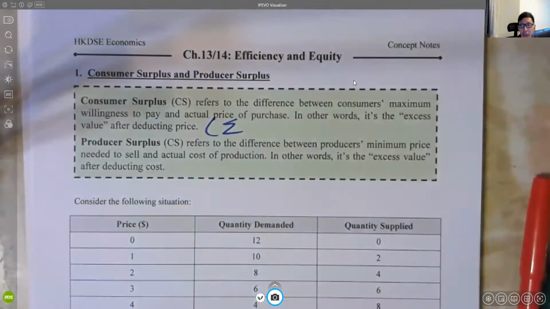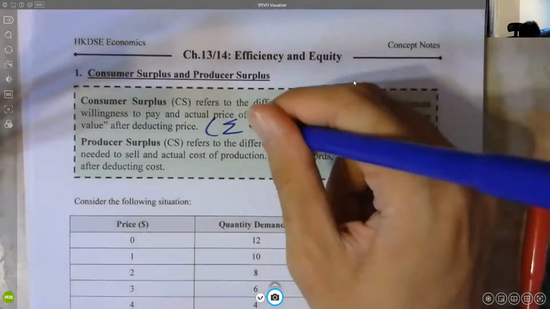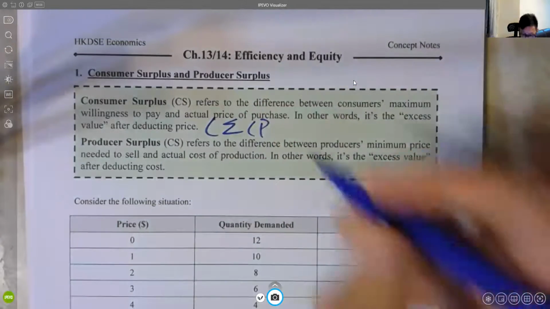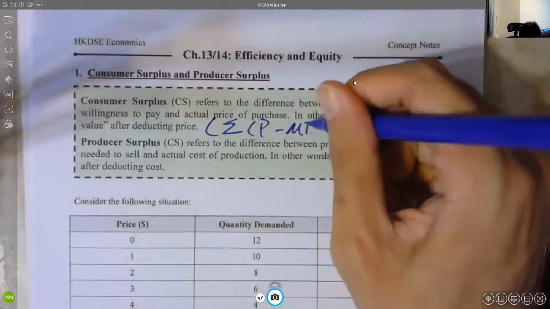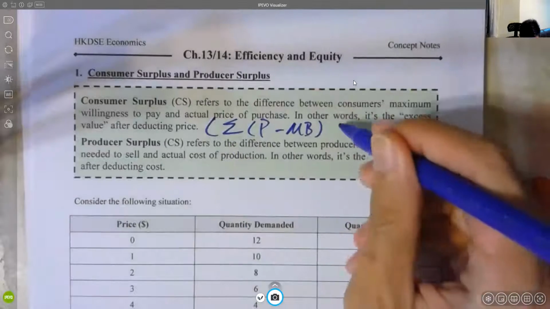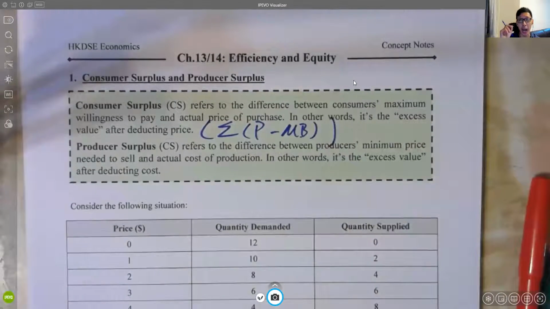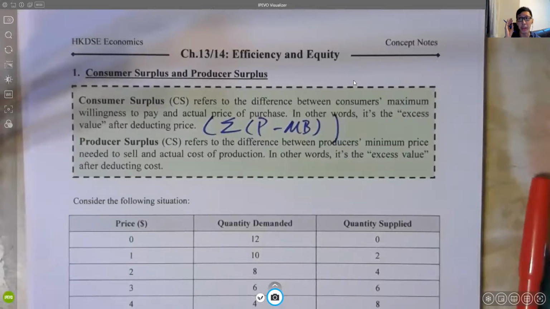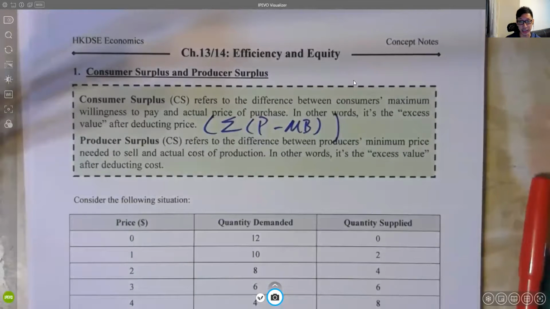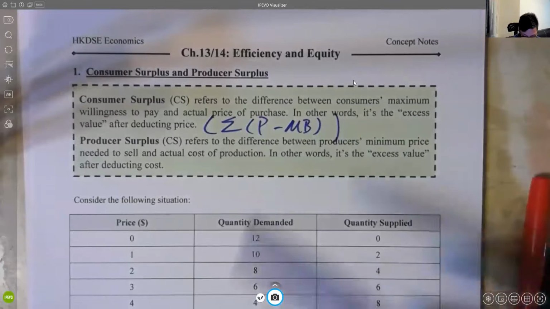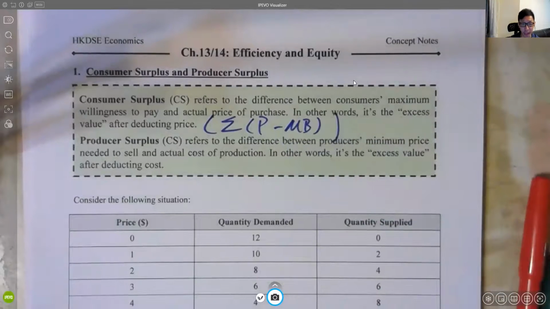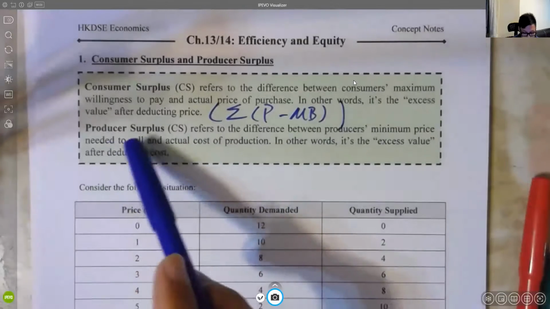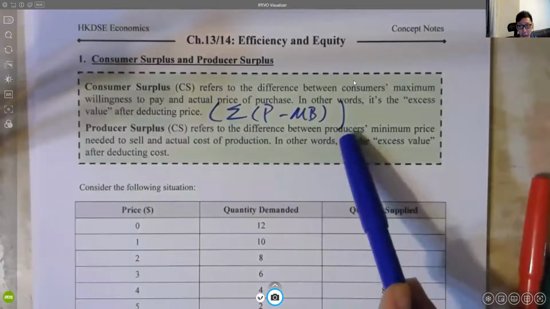It would be a summation of our marginal benefit minus price all the way up to the quantity transacted. You will understand later what this means.